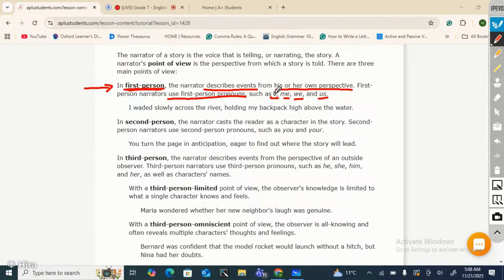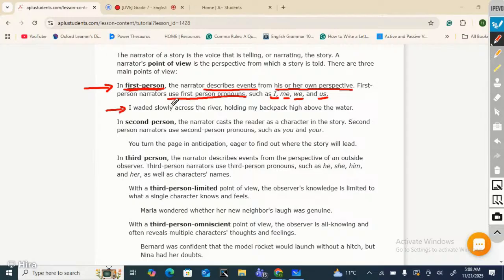So whenever you observe these first person pronouns used in a story, it means the story is told from a first person point of view, and the narrator describes events from his or her own perspective.